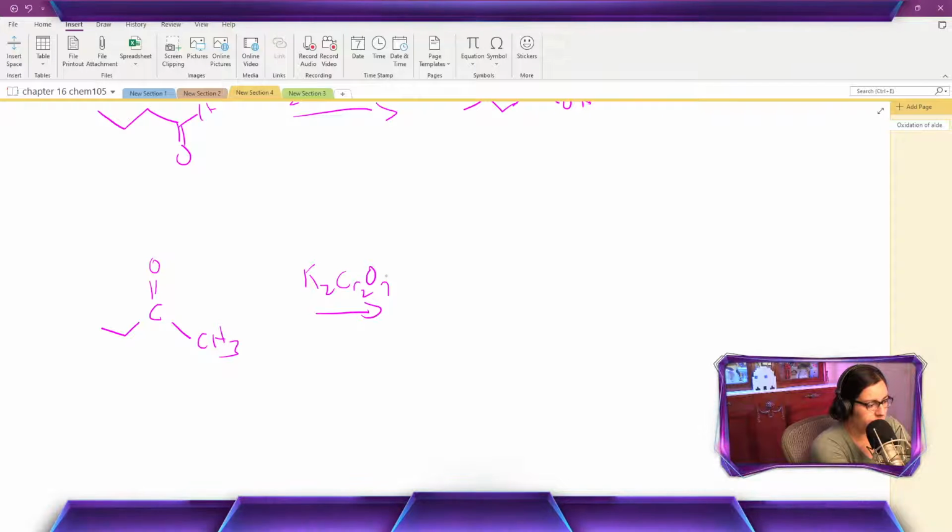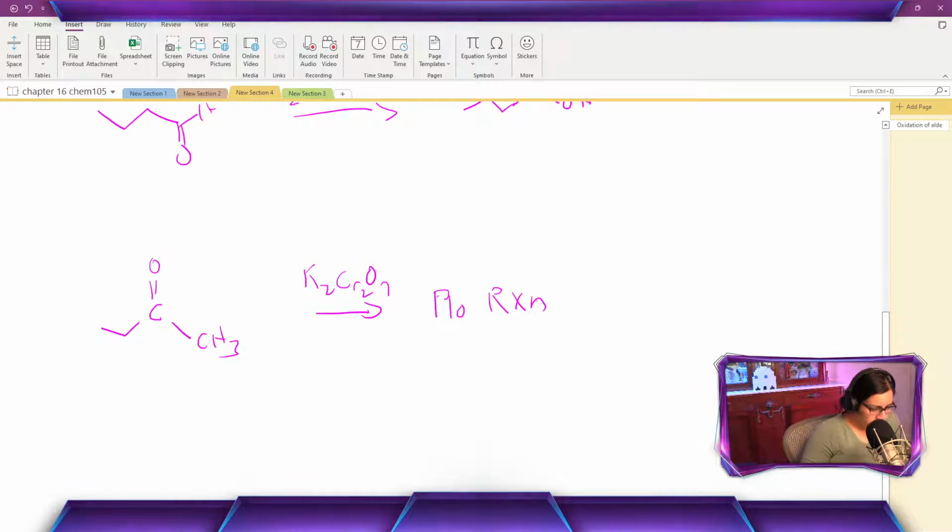And so this one here would be no reaction. And so if we would like to oxidize this, then we have to use a different reagent.